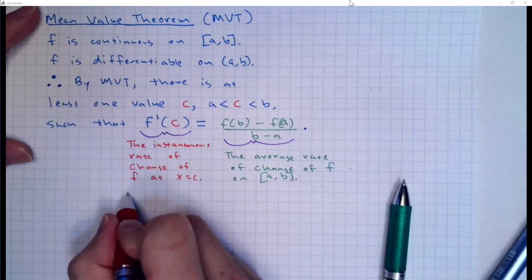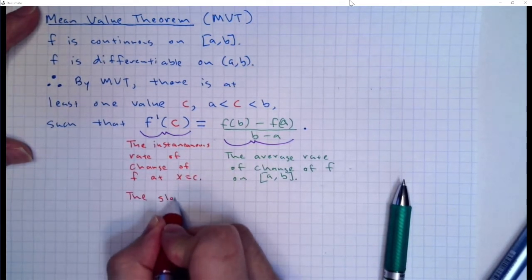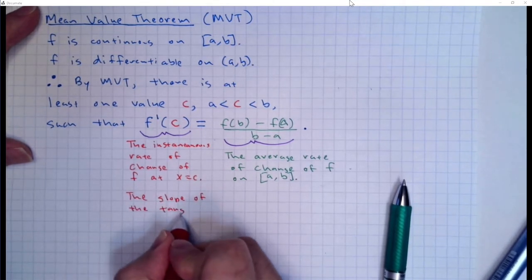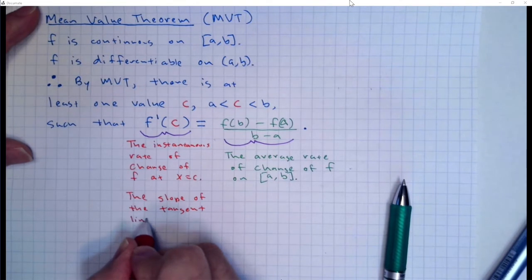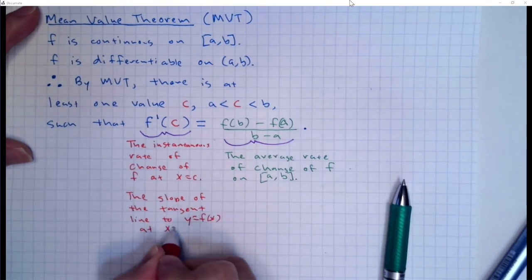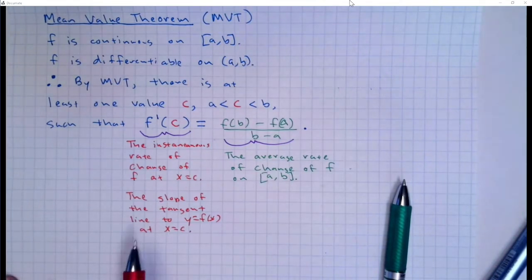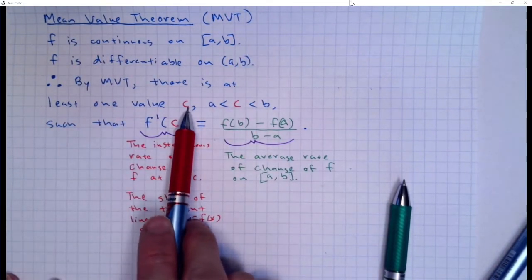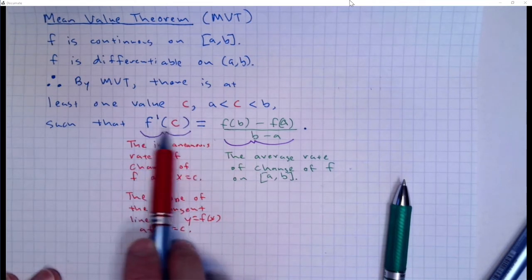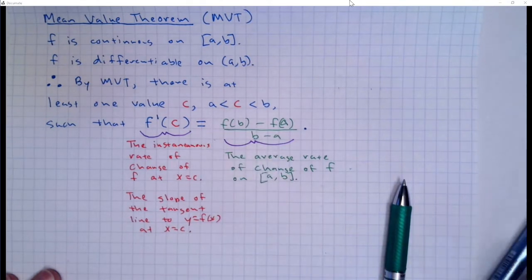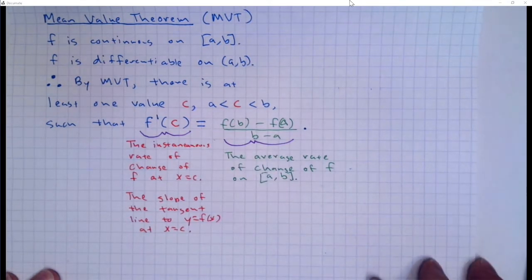You could also think of that as the slope of the tangent line to the F curve at x equals c. So what mean value theorem establishes is there's going to be at least one input where the slope of the tangent line to the F curve is the same as the average rate of change of F on that interval.